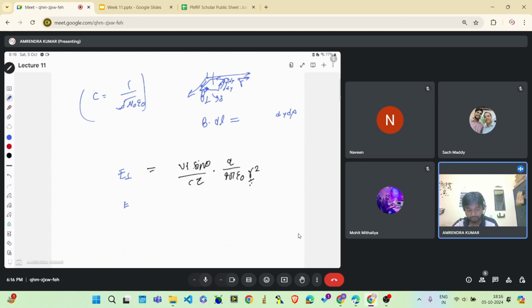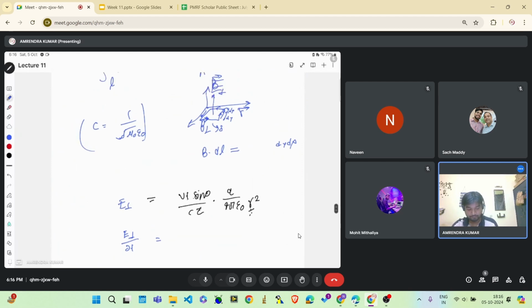So if we take del E over del T, we do this, we can write sine theta over C tau Q over 4 pi epsilon naught 1 over R square.